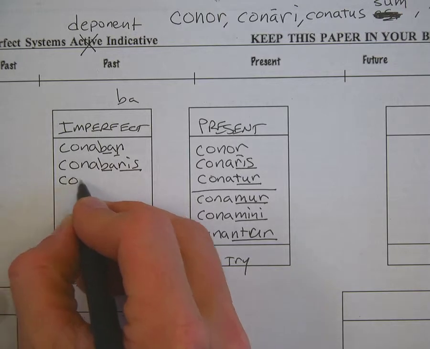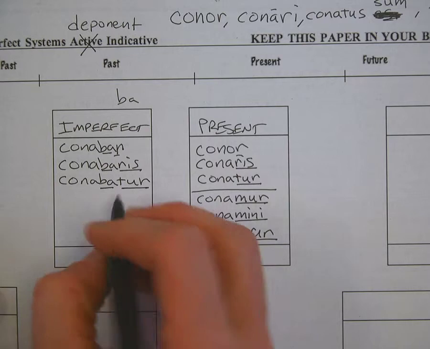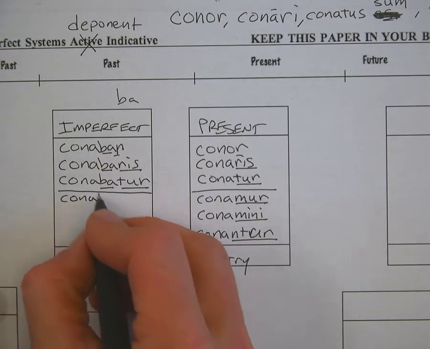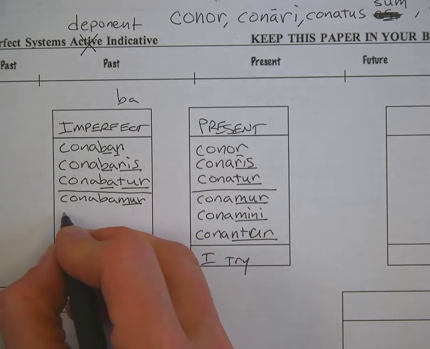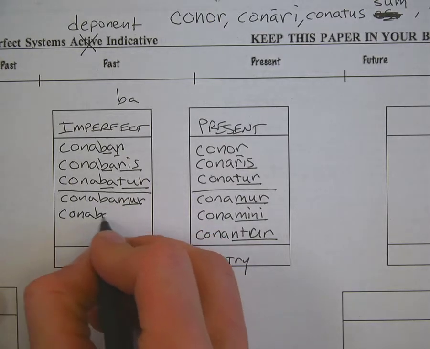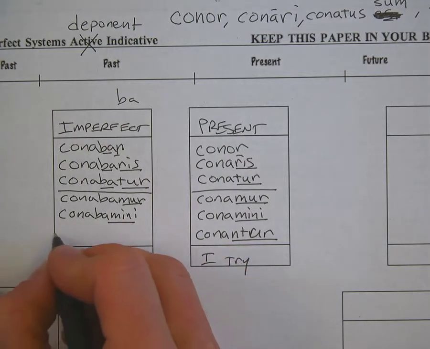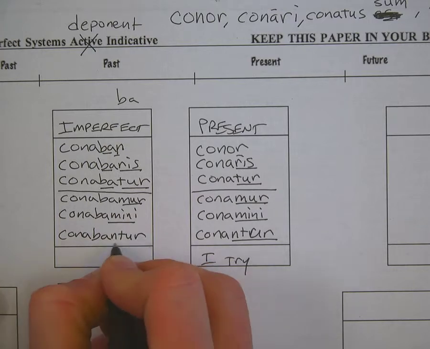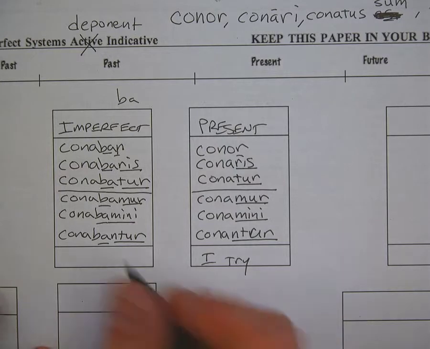He, she, conabatur. We, conabamur. You all, conabamini. And they, conabantur. So it's just got that BA in there, plus the endings, and you got it.